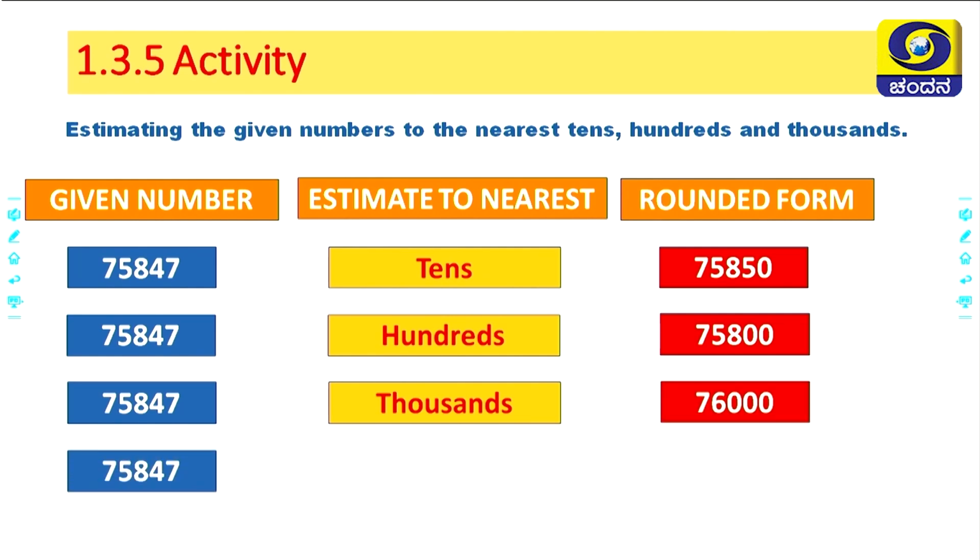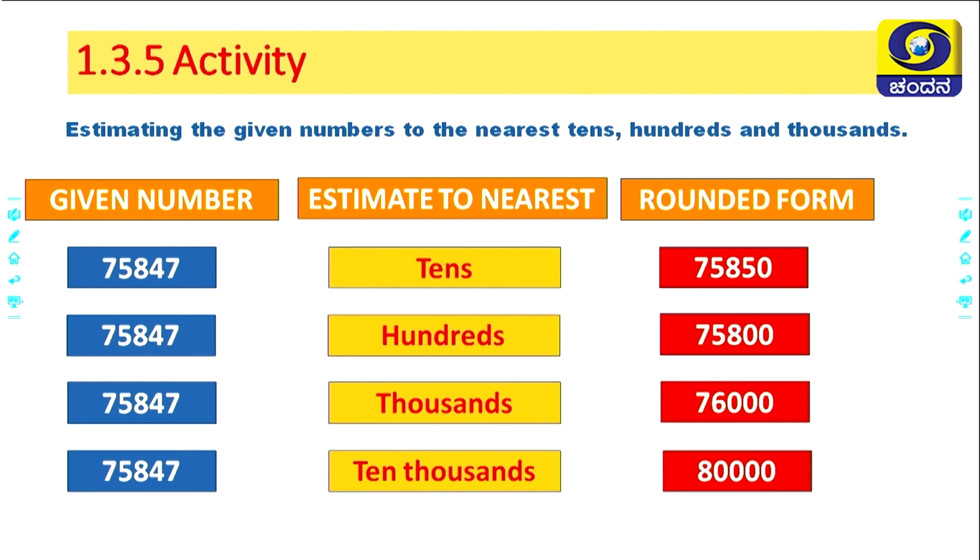For the same number, you have to estimate to the nearest 10,000s. Yes. Are you trying, students? Yes. It is 80,000. I think you have learnt how to estimate numbers to the nearest tens, hundreds and thousands. Let us move on to the next.